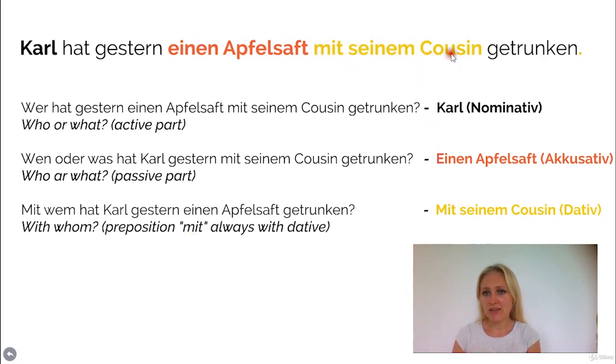That's why it's mit seinem Cousin. Seinem, if you have studied the possessive pronouns, you know seinem must be a dative possessive pronoun. It cannot be anything else. So mit seinem Cousin, the cousin here is the dative object because it comes right after the preposition mit.